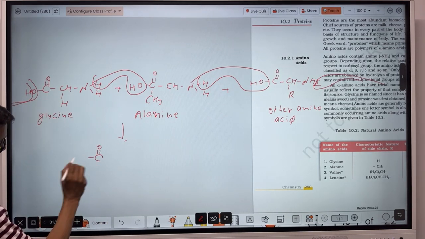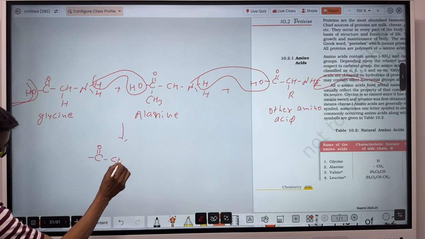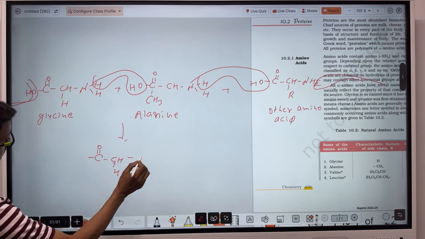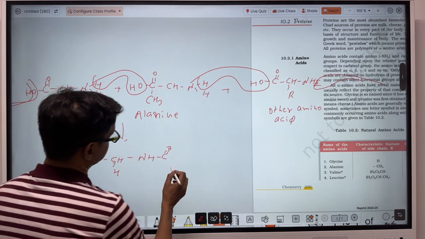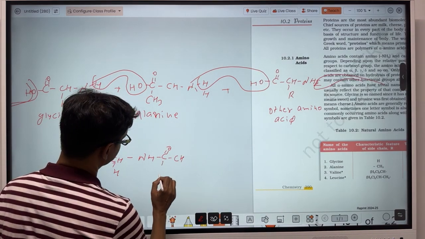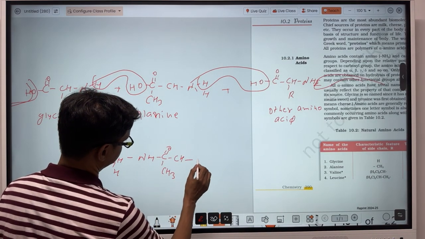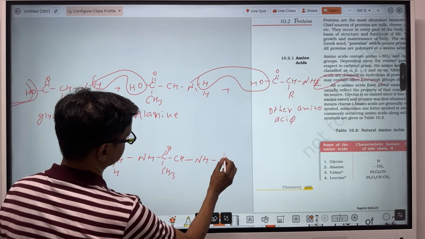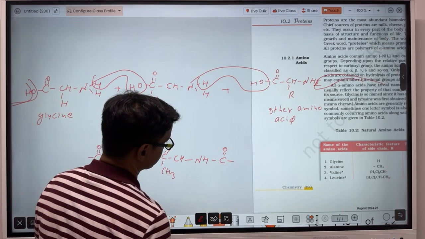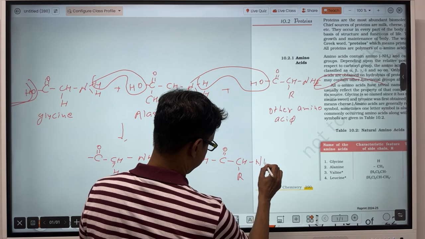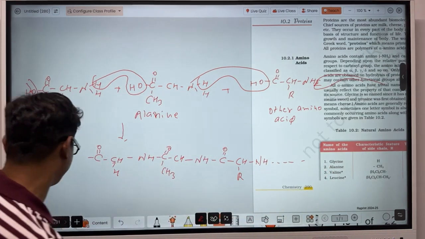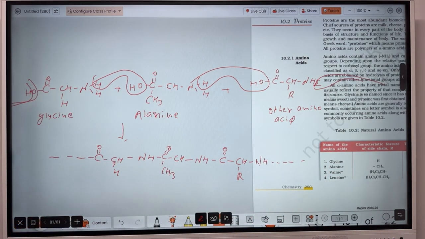C double bond O here. From here it will continue, and from here it will continue.